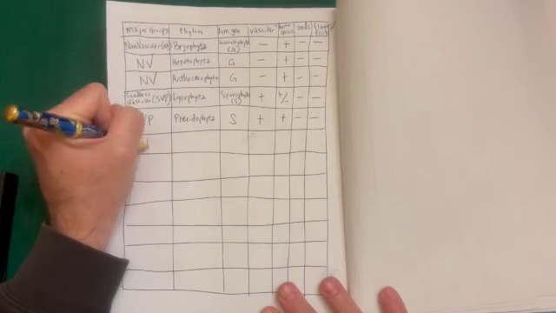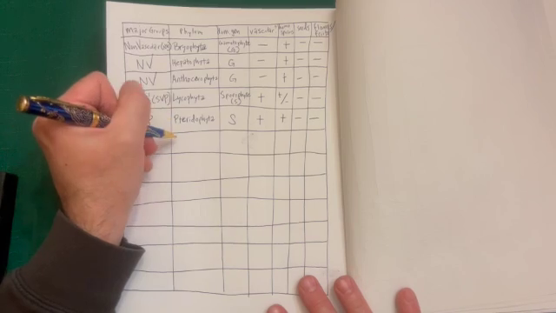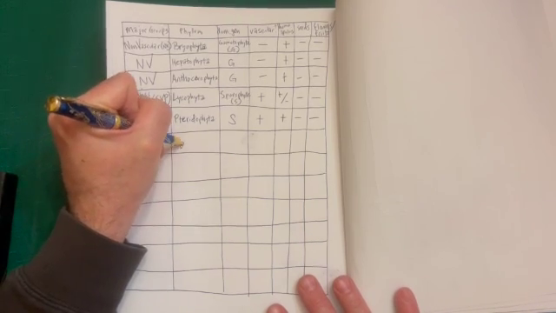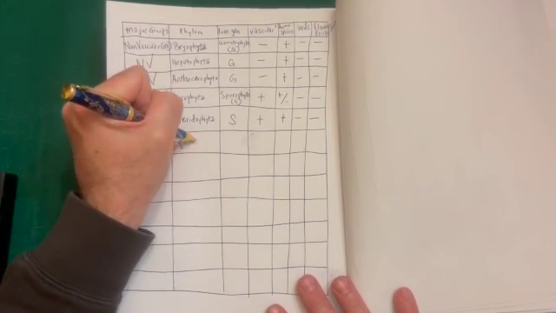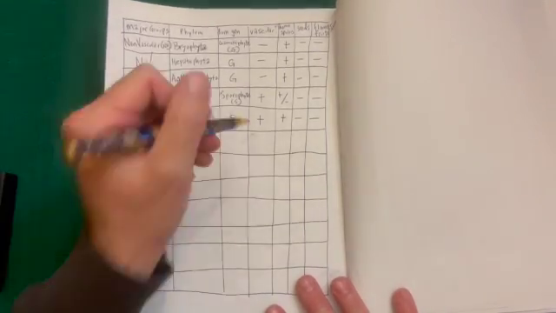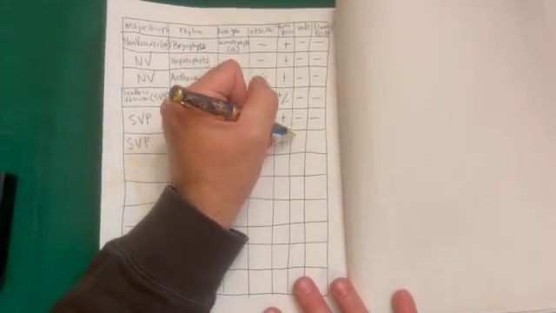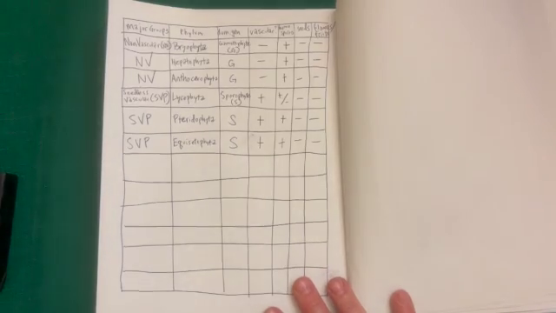What should I put down next for our seedless vascular plants? I've got one of two choices. I'll go ahead and put Equisetophyta here. Sporophyte dominant, vascular, homosporous, no seeds, no fruits or flowers.